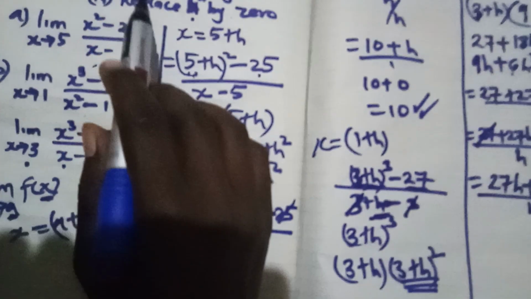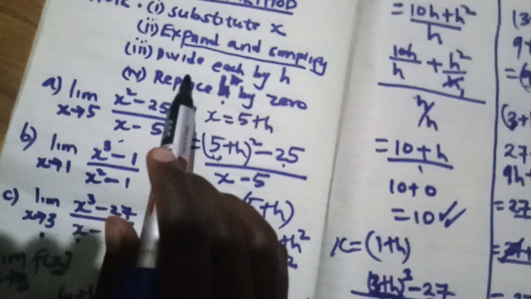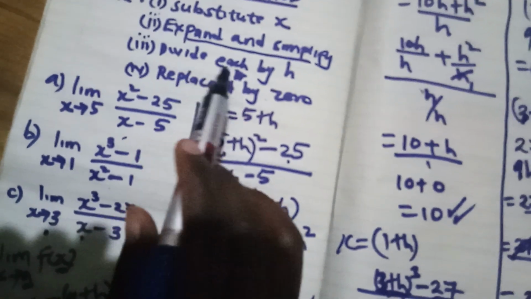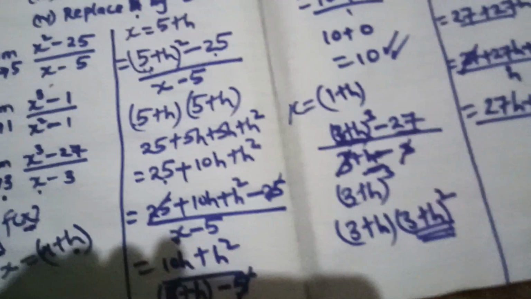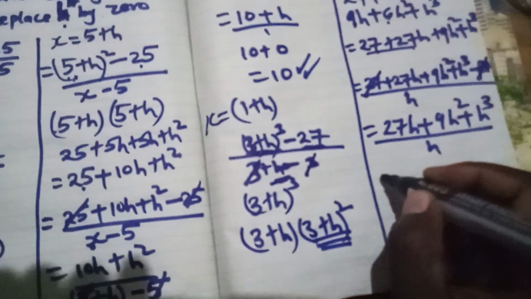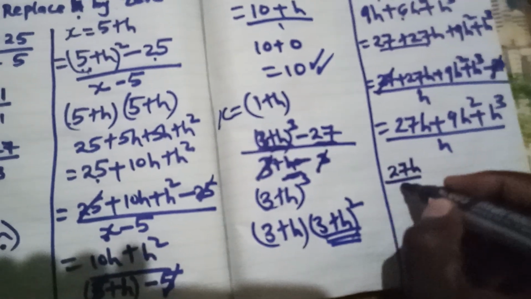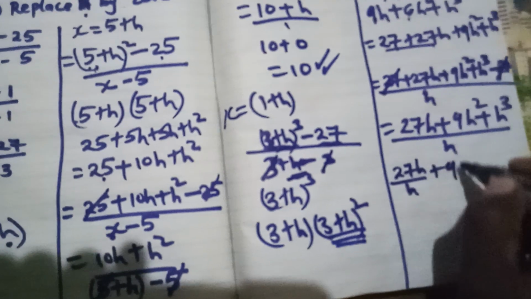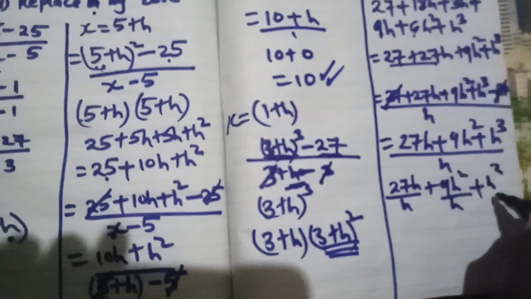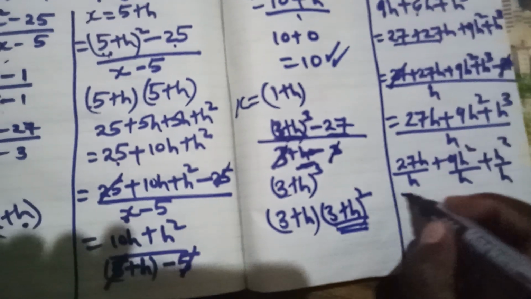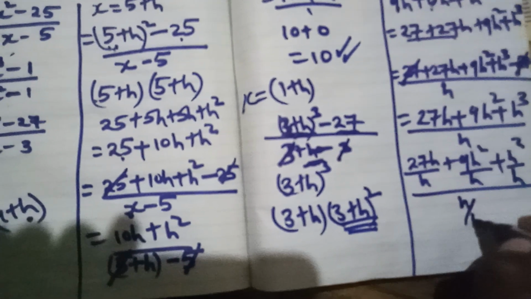Then the third procedure we said is divide each by h. We will have 27h divided by h plus 9h squared divided by h plus h cubed divided by h.